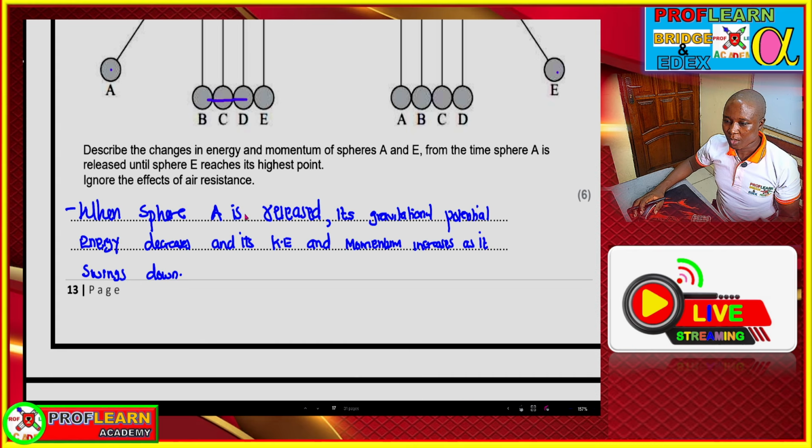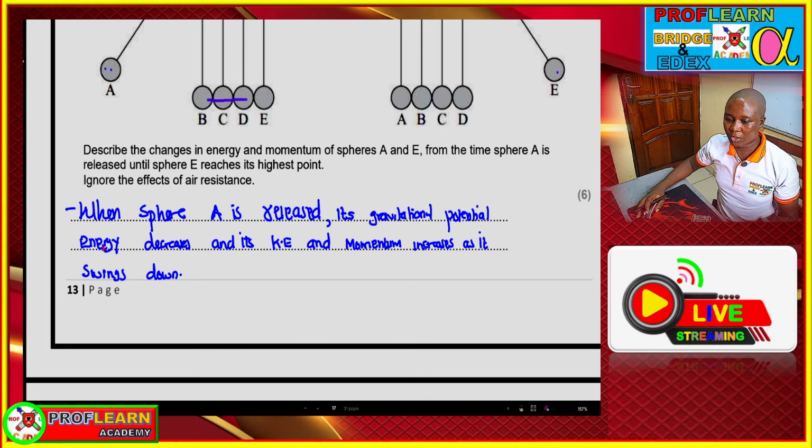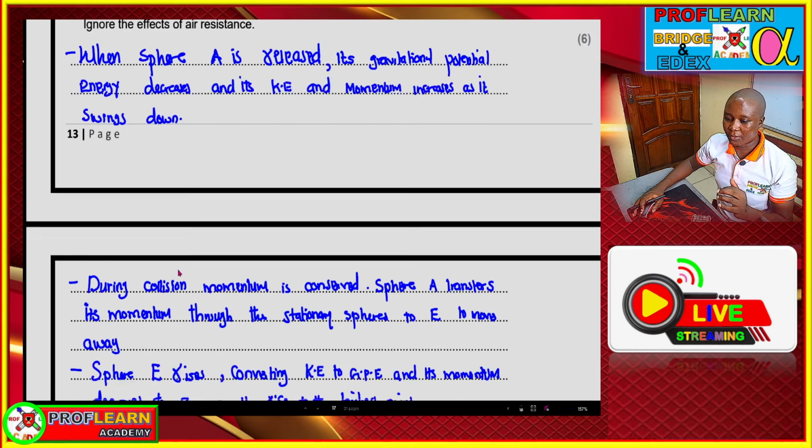Now, we are going to start from A. When sphere A is released, its gravitational potential energy decreases, and its kinetic energy and momentum increase as it swings down.